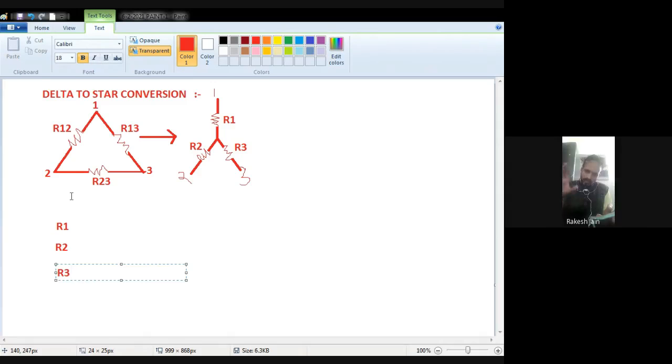Now you have to determine the value of R1, you have to determine the value of R2, and you have to determine the value of R3.